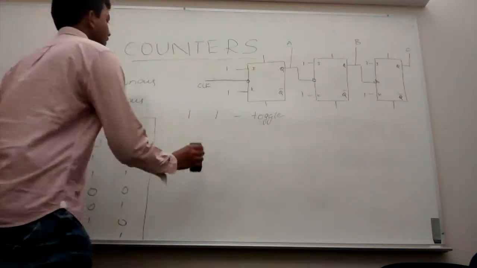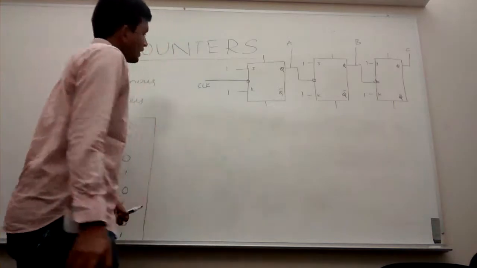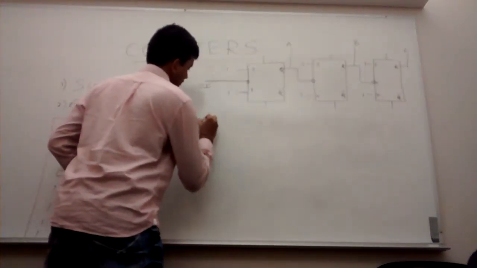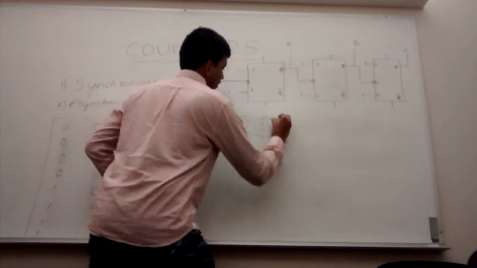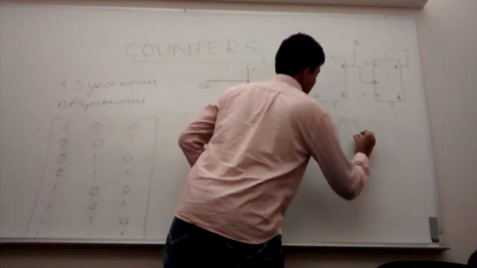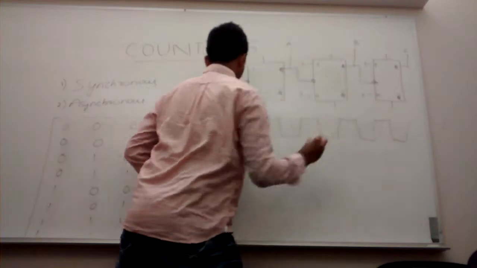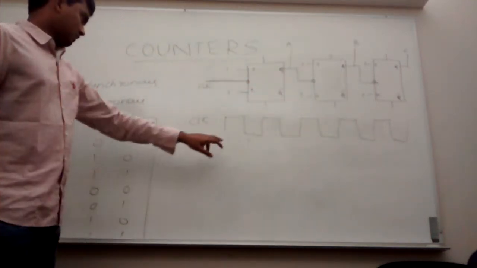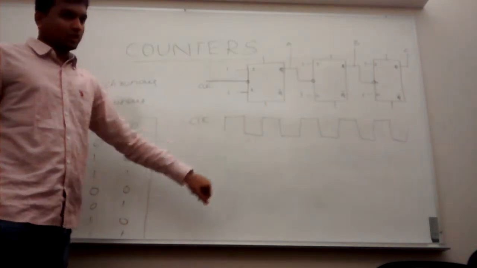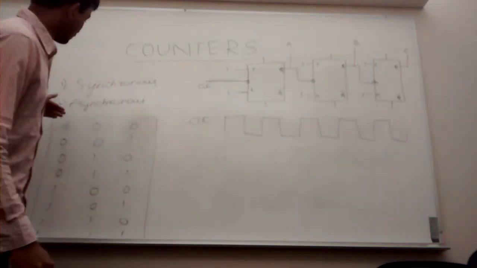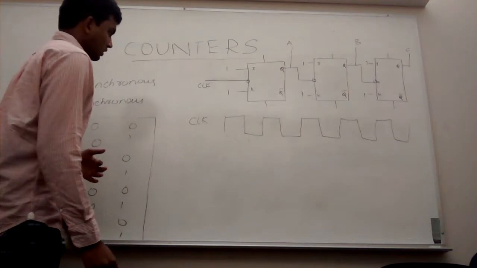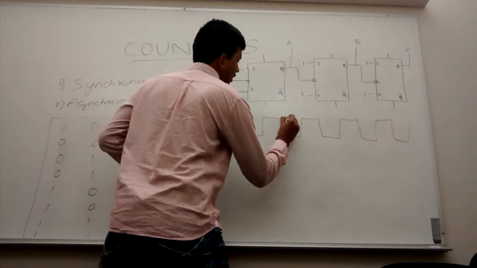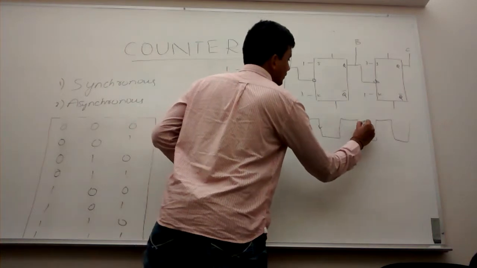So if you could see over here, we are going to draw the clock. So this is the clock diagram which I am drawing, and here I would use negative edge triggering of the clock, because in order to realize the circuit starting from 000, for every negative edge of the clock the output will be toggled.